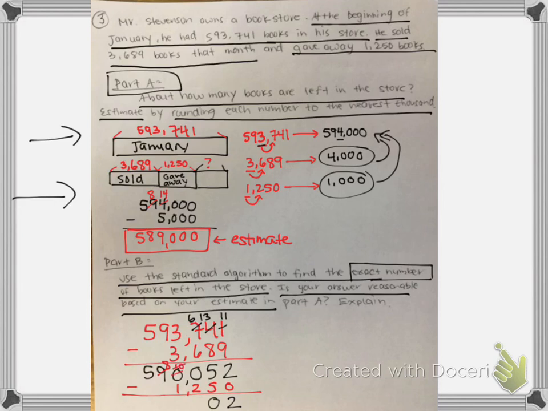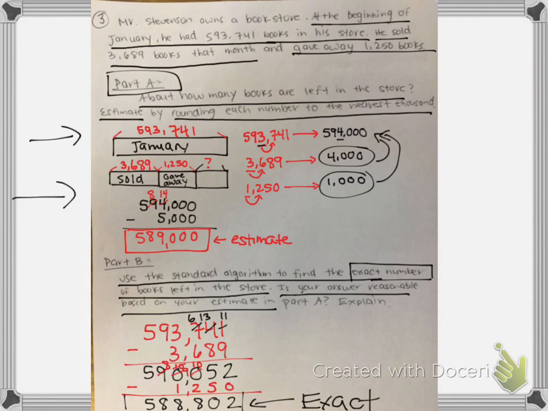I have to unbundle again to make it 9. This becomes 10. Perfect. Now I can subtract. 10 subtract 2 is 8. 9 subtract 1 is 8. Bring down the 8 and the 5. Okay. Boom and boom. So I have my exact. I have 588,000. This is my exact.